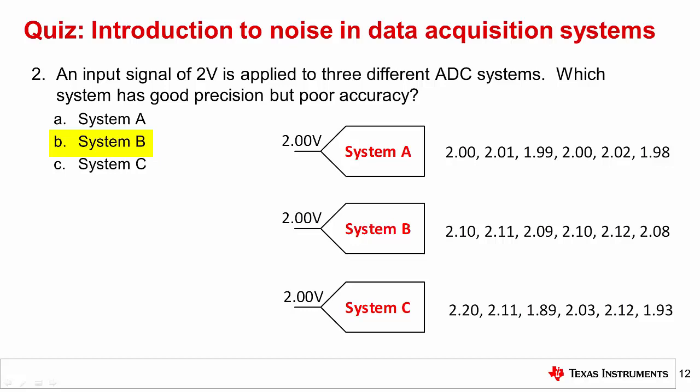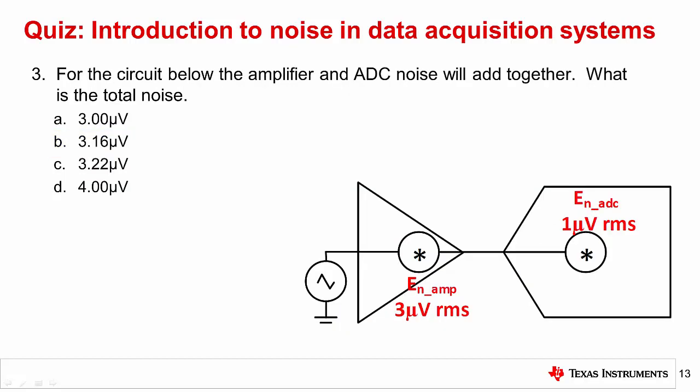On the other hand, it is 0.1 volts off of the target value, so it has poor accuracy. By comparison, System A is very consistent near the target value of 2 volts, so it has good accuracy and good precision. Finally, System C doesn't have good accuracy or good precision.